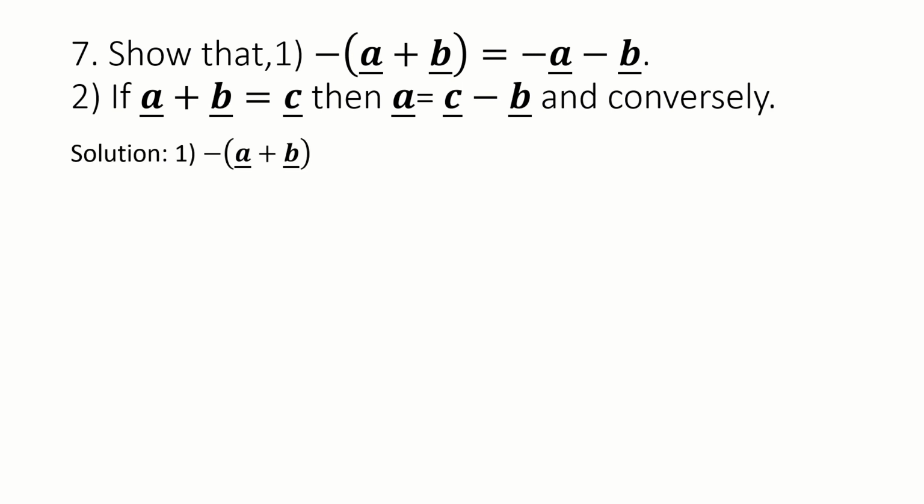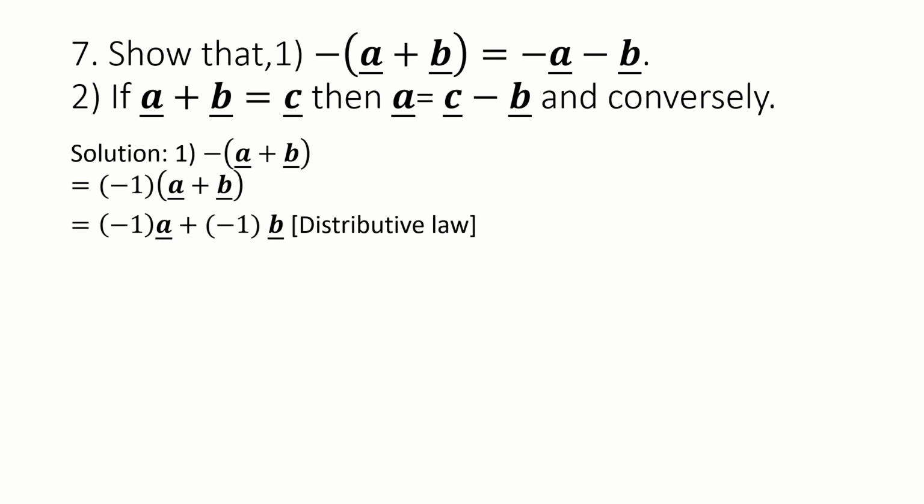Solution: 1, given minus (A vector plus B vector) equals minus 1 into (A vector plus B vector). This equals minus 1 into A vector plus minus 1 into B vector. This equals minus A vector minus B vector.